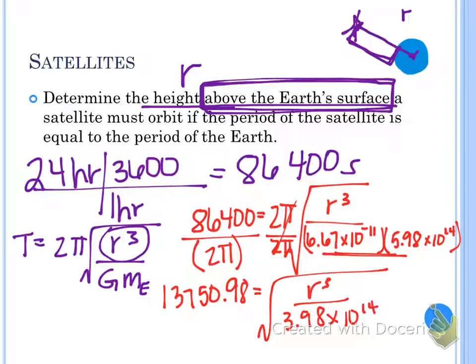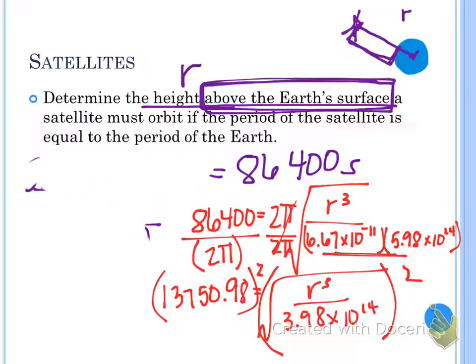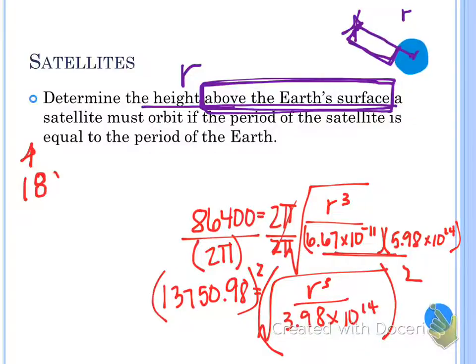From here, what's our next step algebraically? Square both sides. Good, we want to get rid of that square root. So I'm going to square both sides: 13,750 squared. You don't have to rewrite all this while you're doing this, but I'm showing our whole algebraic step here because this one's tricky.